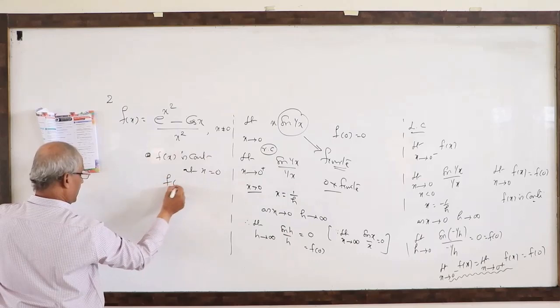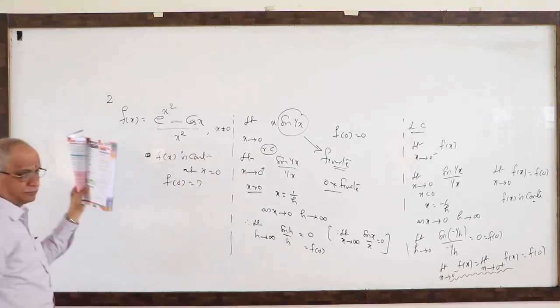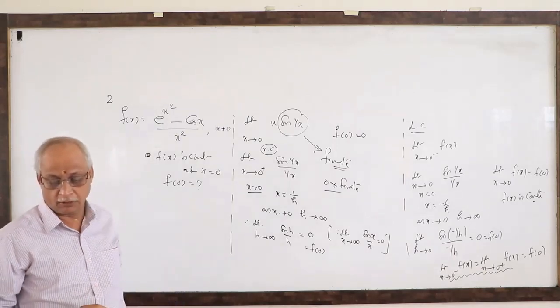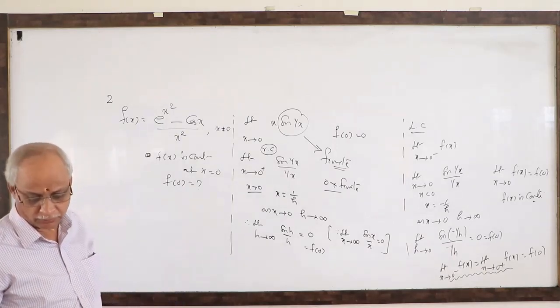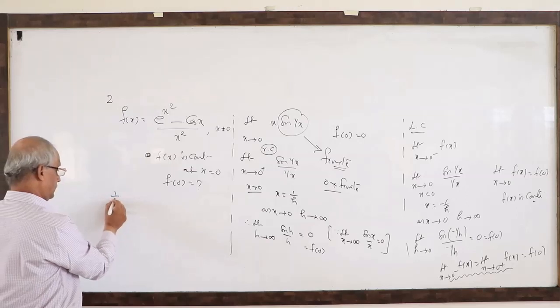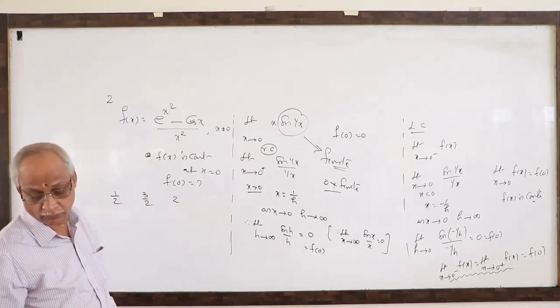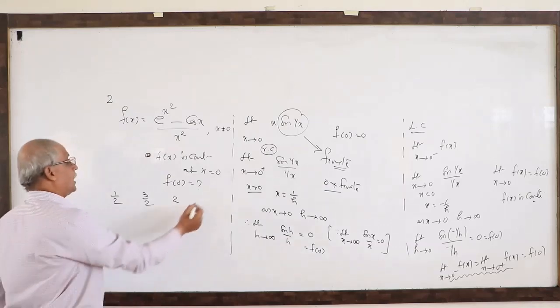Then he is asking find f of 0. The options are 1 by 2, 3 by 2, 2, 1 by 3.